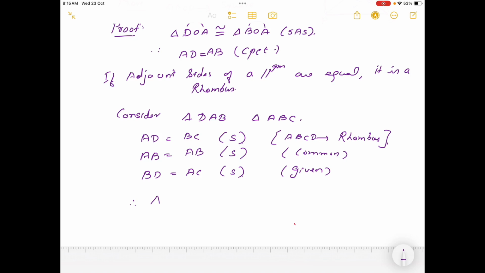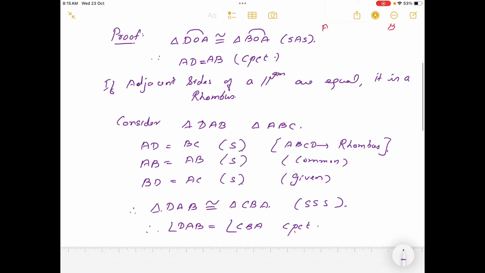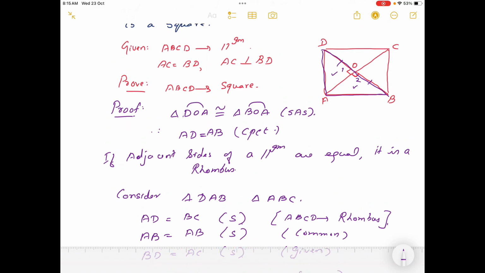Therefore, triangle DAB is congruent to CBA by the SSS criteria. From that, you can write angle DAB is equal to angle CBA by CPCT. DAB is this one, and CBA is this.